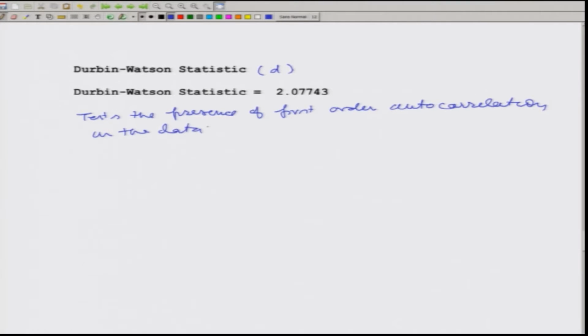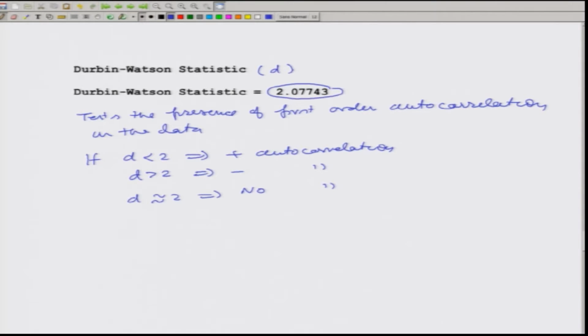And here the decision rule is very simple: if D is smaller than 2, this indicates positive autocorrelation, and if D is greater than 2, this indicates negative autocorrelation, and if D is close to 2, this indicates no autocorrelation. So now in this case you can see that the value of Durbin-Watson statistics is close to 2. So there is no autocorrelation of first order present in the data.